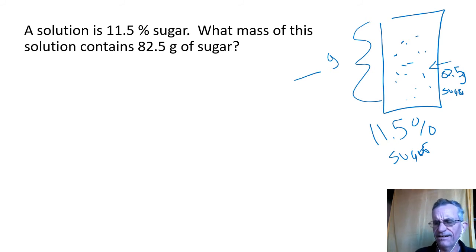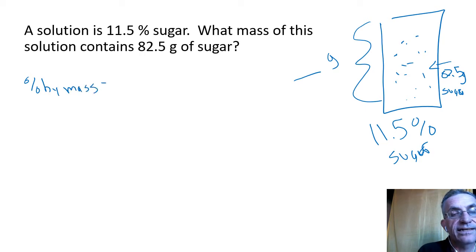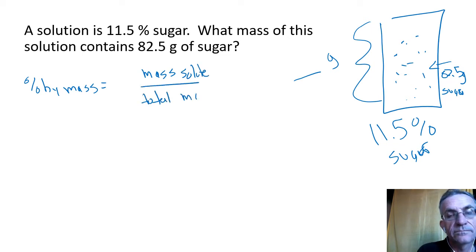I hope it does. All right, well, let's do the math now. So percent. Well, we learned a formula, percent by mass. Let's write it out again. It's the mass of the solute divided by the total mass times 100.